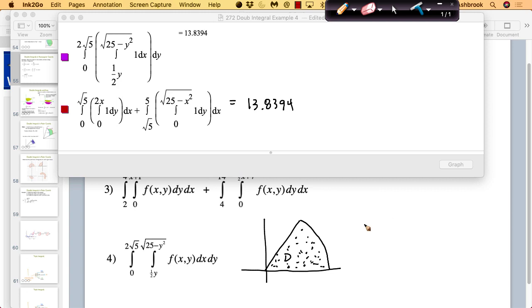Okay, so there's still another way we can do this one. So looking at this here, do you remember anything from Calc 2 that might apply for this particular region here? Does that look familiar?